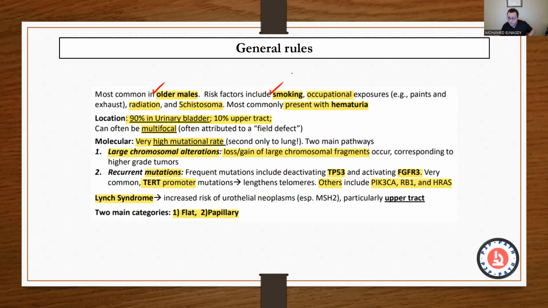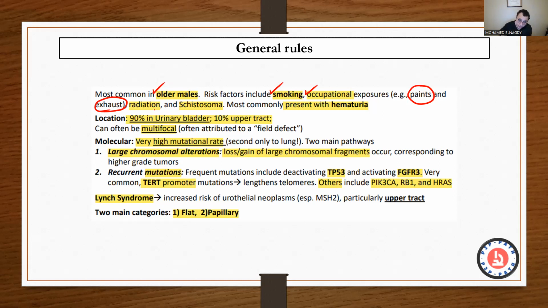However, bladder cancer specifically has a significant occupational risk due to exposure to some kinds of paints and exhaust, like benzene and the gas exhaust in gas stations.